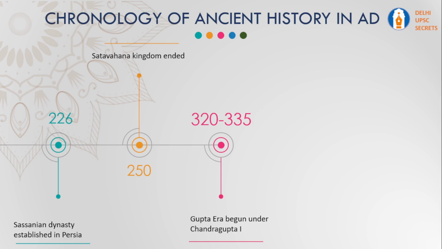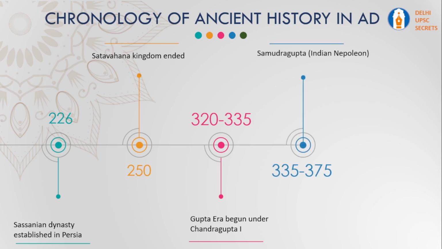Because of the cultural, scientific, economic, political, and various other advancements in the Gupta period itself, we call the Gupta Empire the golden age. The Mahakavi Kalidasa's literary works happen in the Gupta period itself.